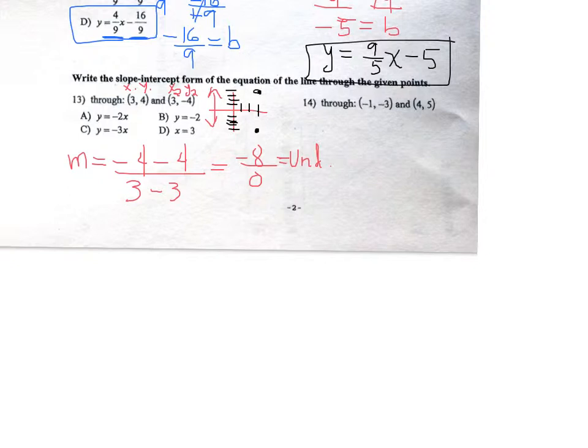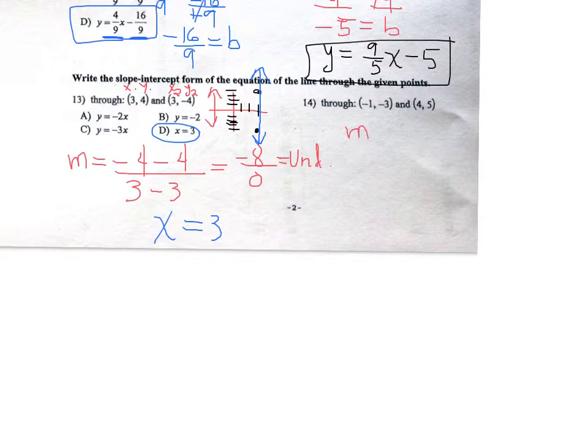So if I want a line passing through those 2 points, that line has to be a vertical line. Therefore, it has to start with an x. X equals, and then the x-intercept, which is 3. So that is D.